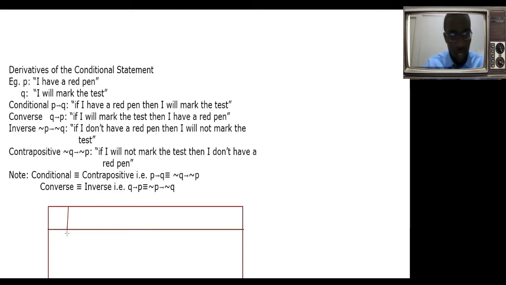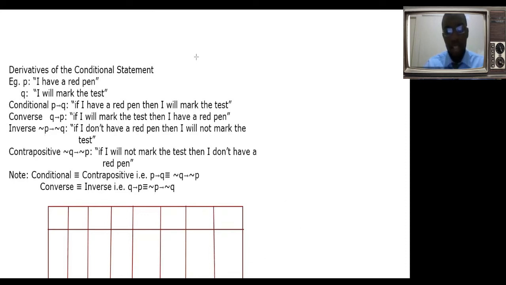So we're going to need P. So that part is for P. Then we're going to need Q. Then we're going to need not P. Then we're going to need not Q. Then we're going to need P implies Q. Then we're going to need Q implies P. Then we're going to need not P implies not Q, then not Q implies not P. Alright, so that takes care of everything. So let's go ahead and fill out this table now.